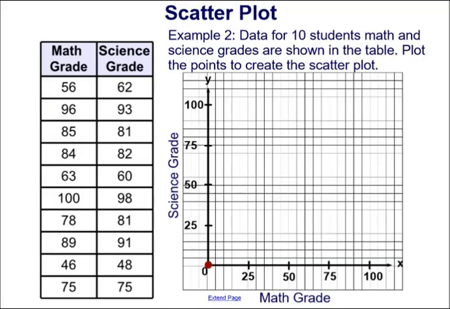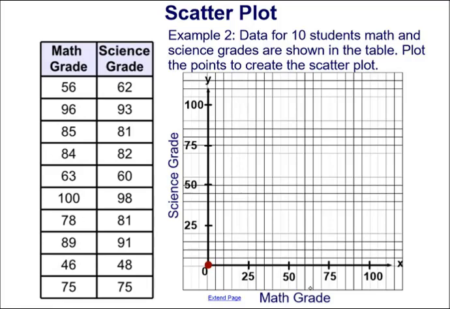So here's a second example for a scatter plot. The data for 10 students' math and science grades are shown in the table. It says to plot the points to create a scatter plot. So here the two variables we're comparing are a student's math grade and a student's science grade.